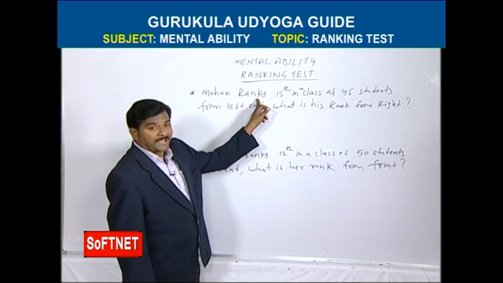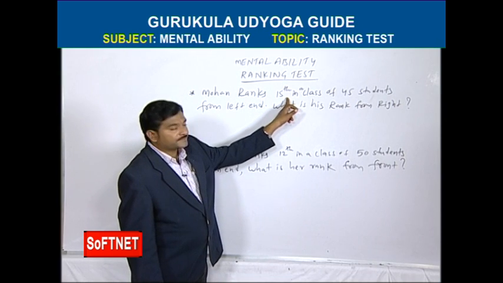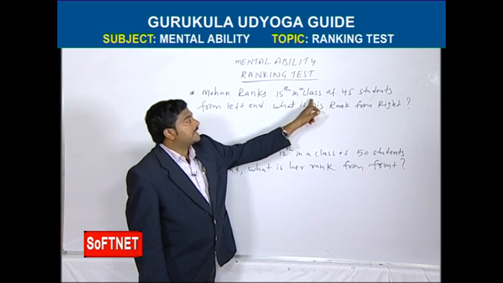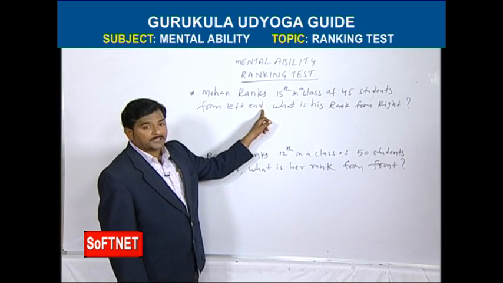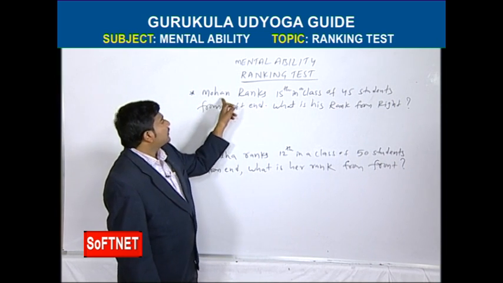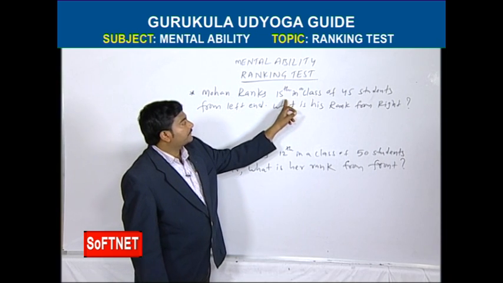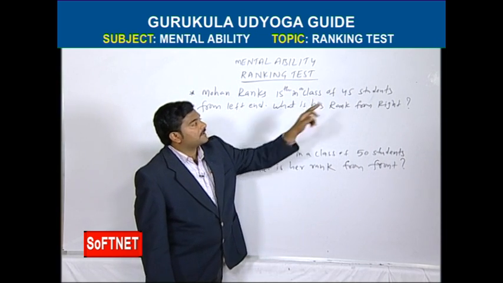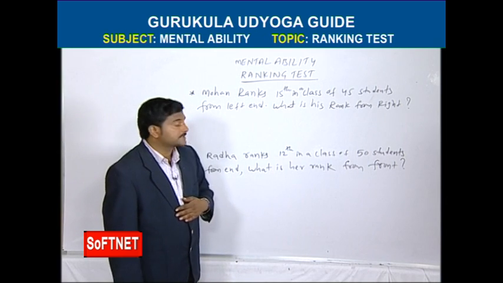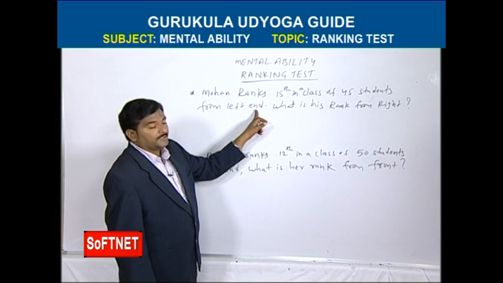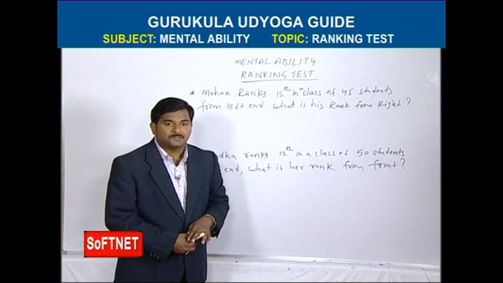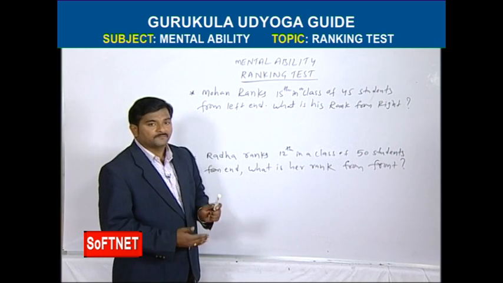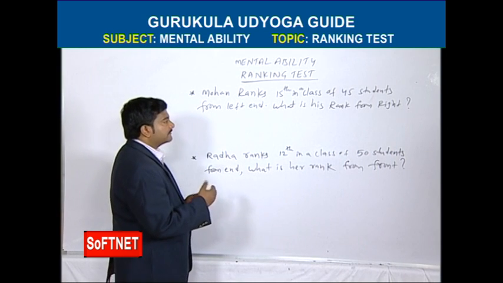Mohan ranks 15th in a class of 45 students from the left end. What is his rank from the right? That is the given question.